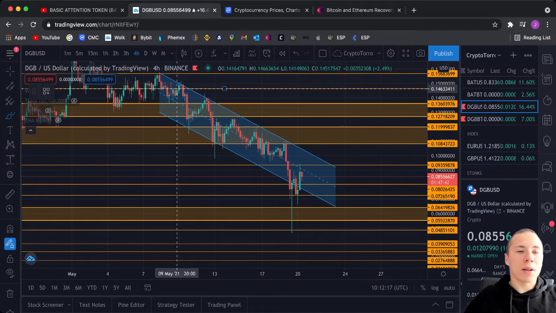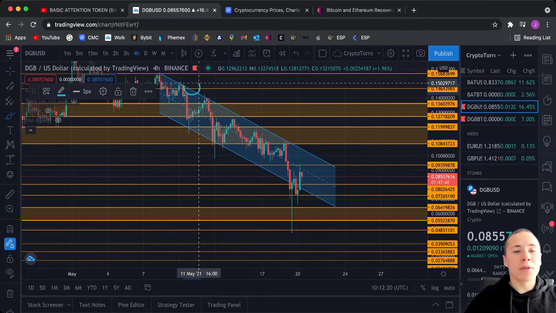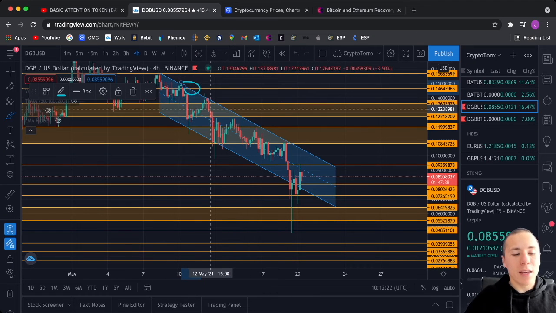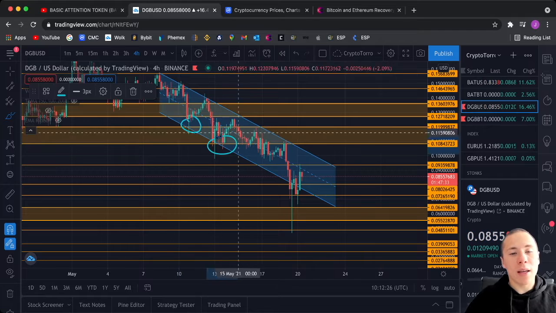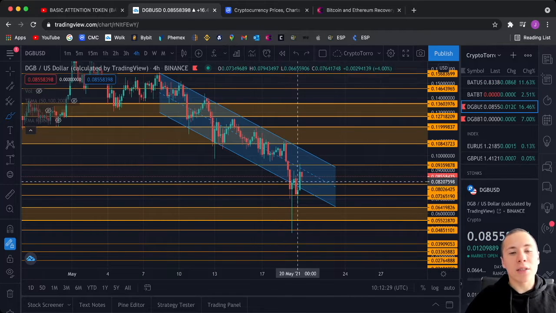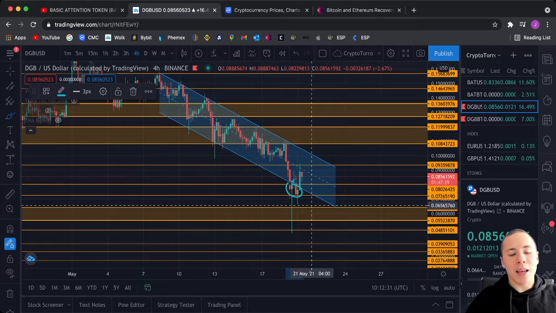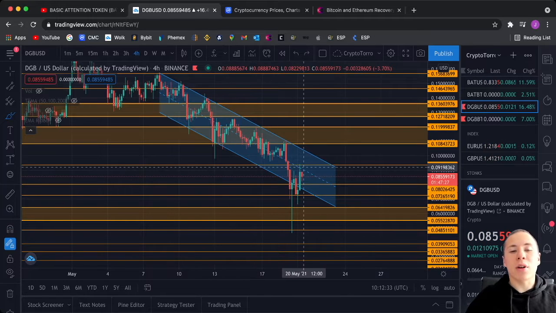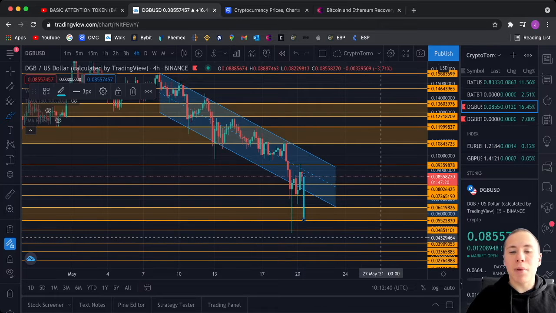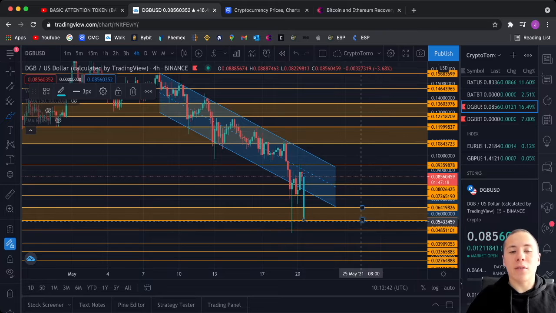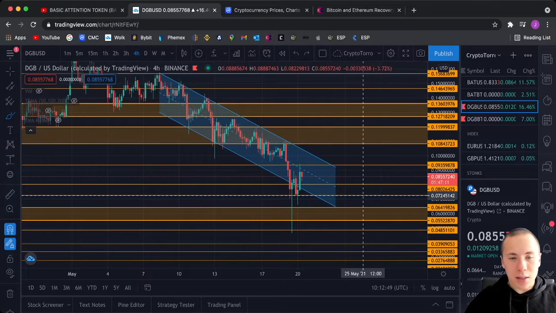This channel has multiple touch points on the upper part as well as on the lower part, where we saw already 2 touch points, and this third one could be counted if Digibyte does not drop even further down towards the orange box, approximately in between 55 US dollar cents and 64 cents. So that's well 0.064 cents.